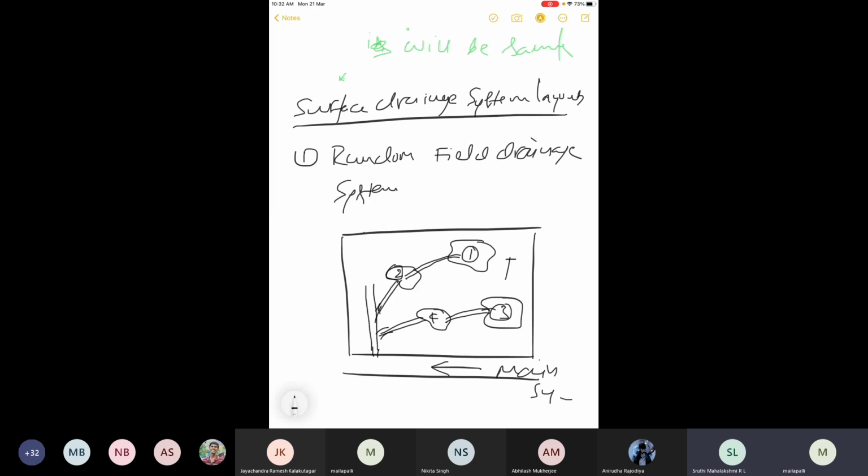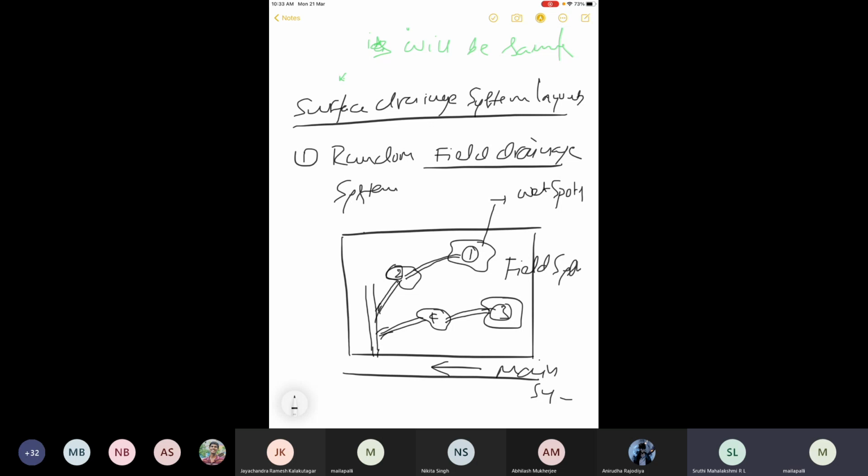So this is the field system, the main system. These are all wet spots, mostly the depressions. So in this case, the field drains are randomly placed.